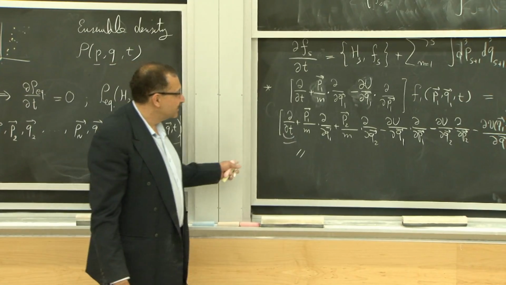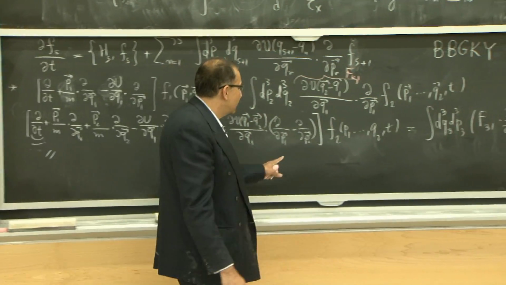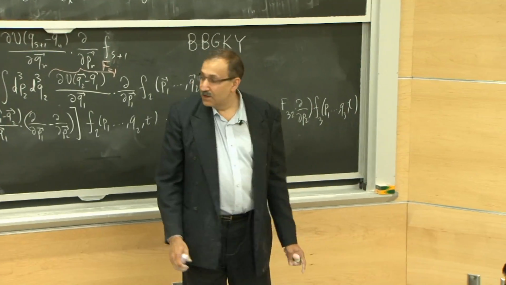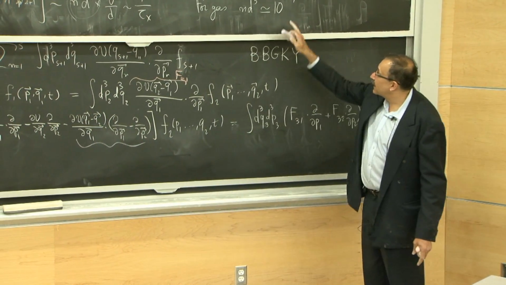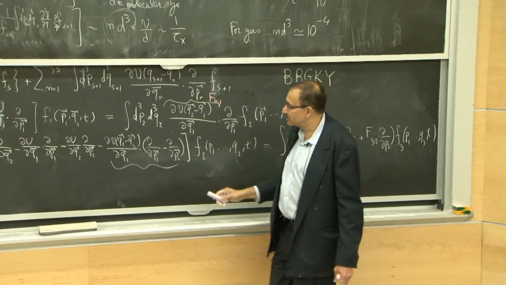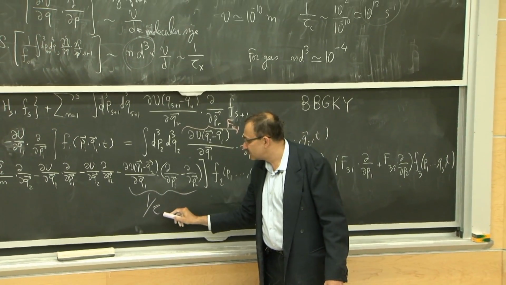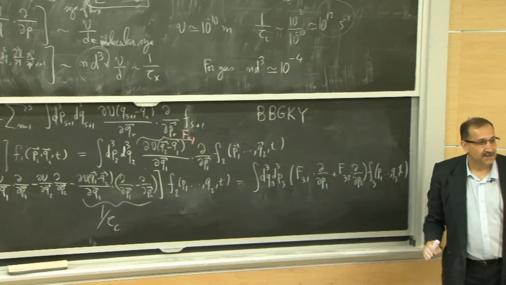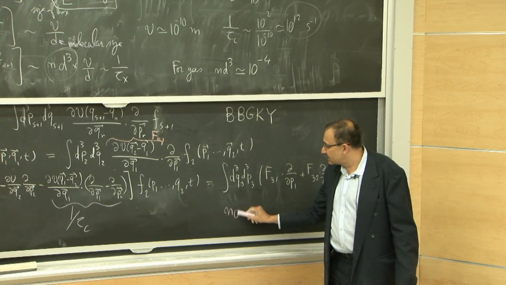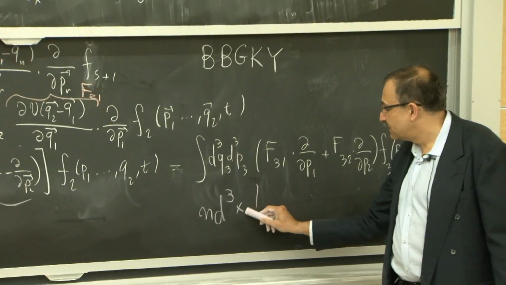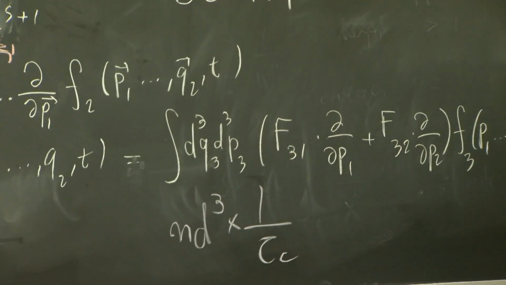So what I find is that in this equation for F2, on the left-hand side, I have a term that has magnitude that is very large, 1 over tau c. Whereas the term on the right-hand side, in terms of magnitude, is something like this.